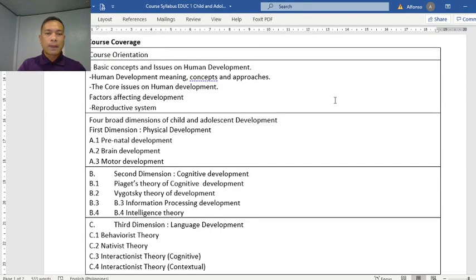My role as your teacher is to help you understand the concept and how it relates to situations, because that is the critical intention of the subject: to help you understand the concepts, the theories, and their application or relevance to classroom situations. So the moment we discuss a particular concept, issue, or topic, the next thing that we do is to know its implications to classroom situations.